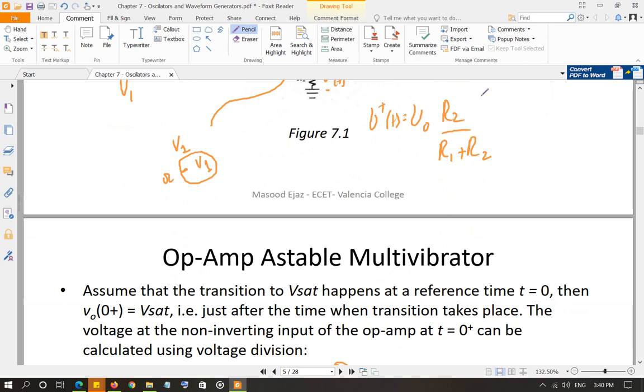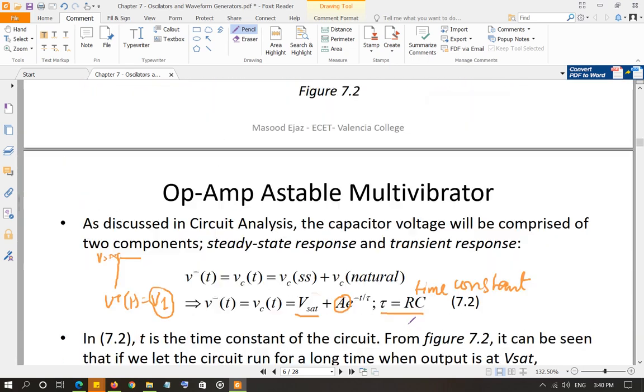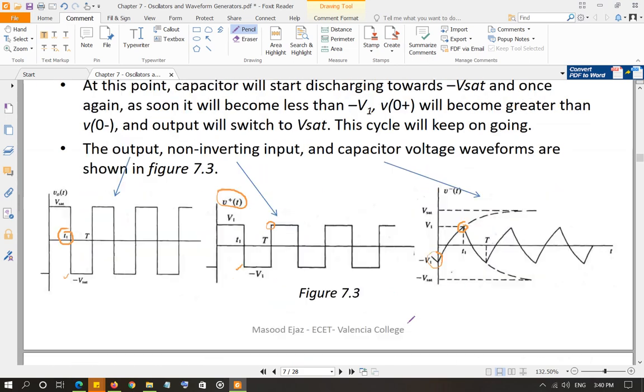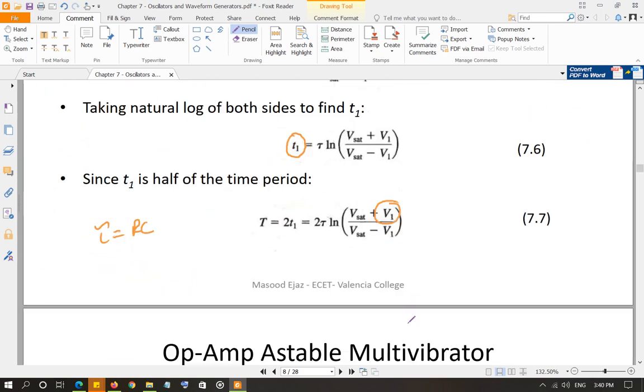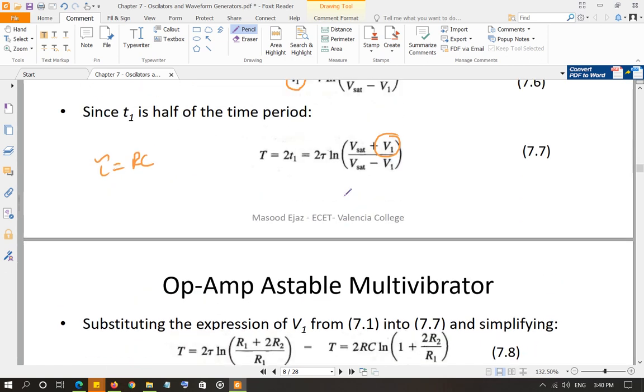Right here, this voltage V1: when this is V1, output is R2 over R1 plus R2 times Vset, and when this is negative V1, output is R2 over R1 plus R2 times negative Vset. So we substitute that value over there as well, right here in this equation.